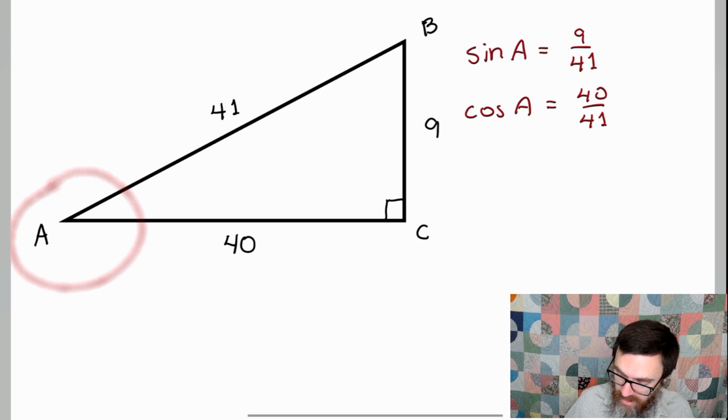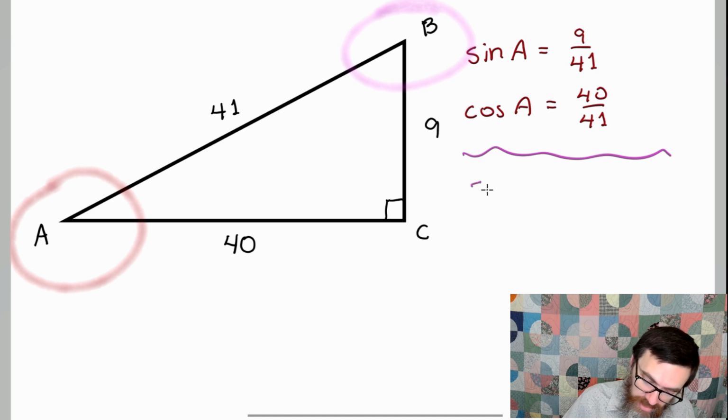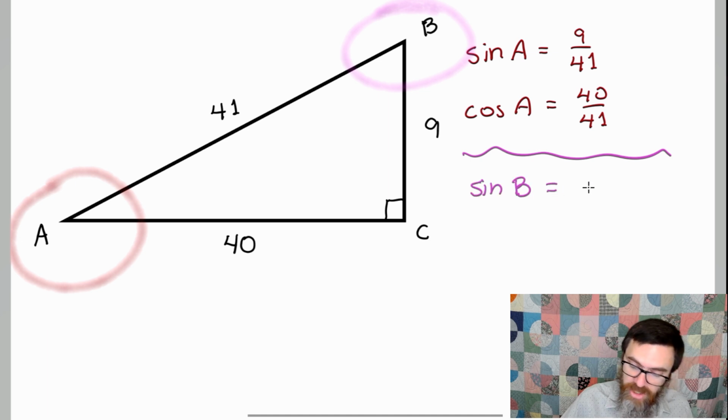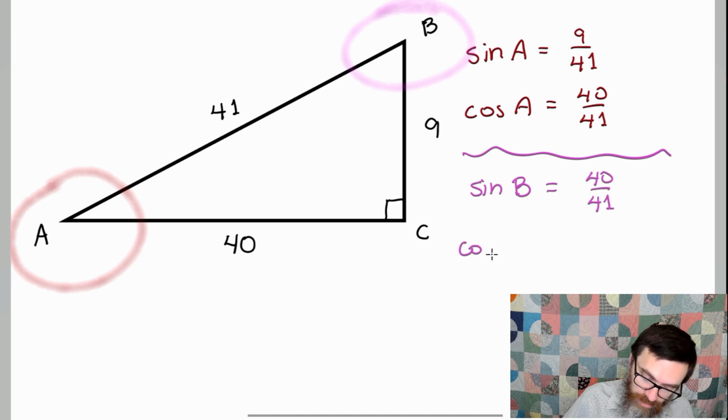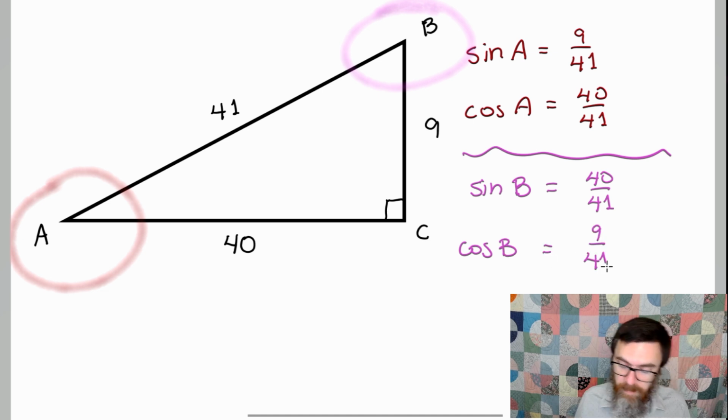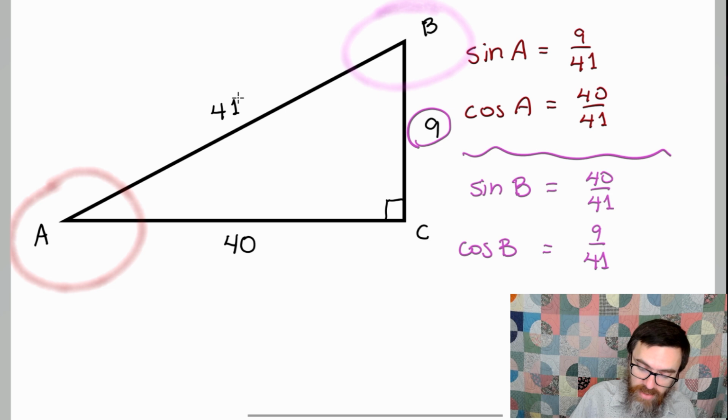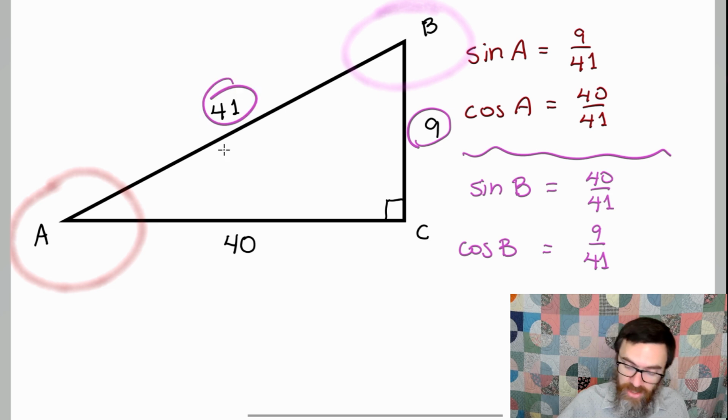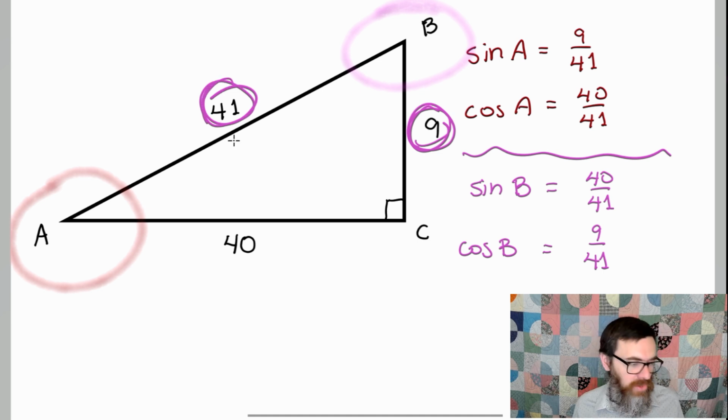Now from these, even without making anything brand new, we could find what the trig values are for angle B, because the sine of B should match up with the cosine of A, so that should be 40 over 41. And the cosine of B should be the same as the sine of A, which is 9 over 41. Sine of A is opposite over hypotenuse, but then the cosine of B uses the adjacent, which is still 9, over the same hypotenuse, which is 41. So we're starting to see some of the connections there.